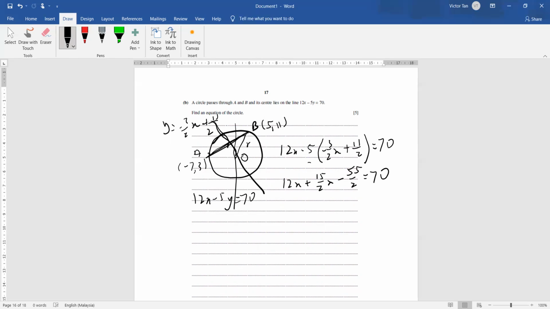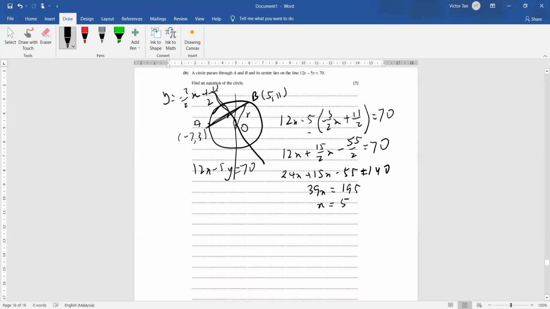I'm going to multiply all by 2 now, becomes easier. 24x plus 15x minus 55 equals 140. So here we have 39x equals 195, x equals 5.